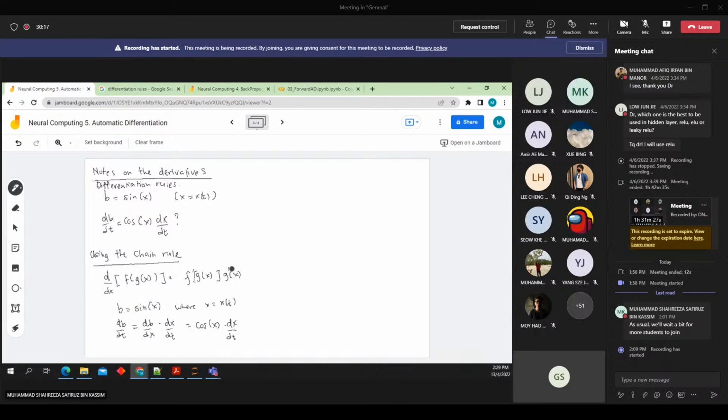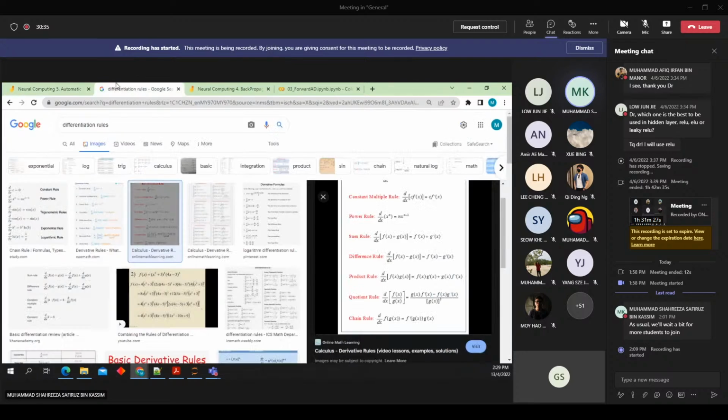My point is, I want you to be comfortable with the differentiation rules, because in this subject, or in deep learning as a whole, if you're not comfortable with the differentiation rules and you find it weird, then it kind of misses the whole point of deep learning.